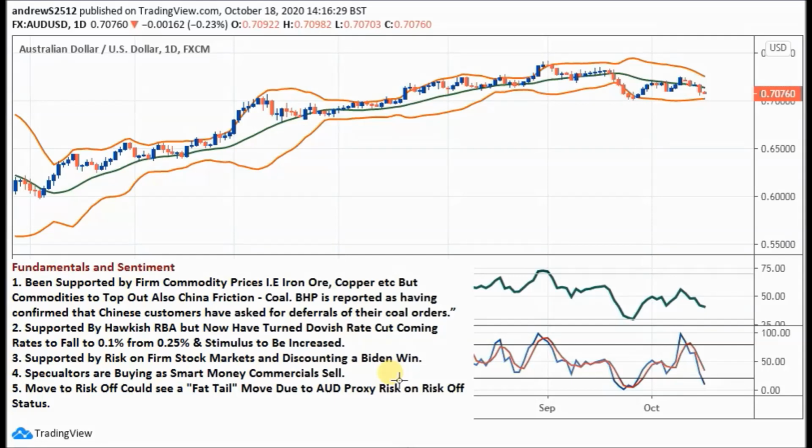Both sides have said this. That would leave the US without effective government while the Supreme Court and lawyers sort it out. That is really bad news for risk on, and that's bad news for the Aussie dollar. Now, at the moment, the market's a little bit blasé about this Biden victory, but I think as you come closer to the election, it's only a few weeks away now, the market will become more cautious, which will weigh on the Aussie.